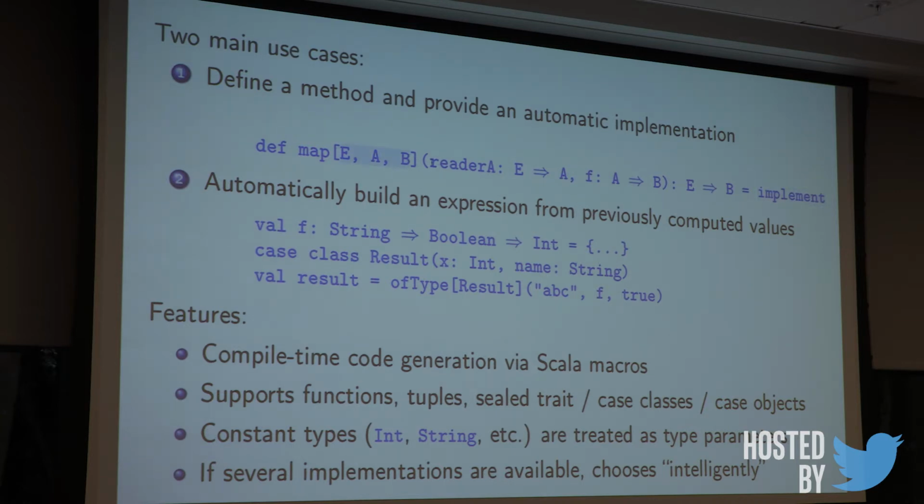So via reflection, the macro can introspect on the type and come up with a syntax tree for the type expression, which will have these type parameters, and then there will be this, this, and this. So then it will be some kind of type expression containing function types, products and coproducts, and type parameters, and ground types, like integer, string, and so on.